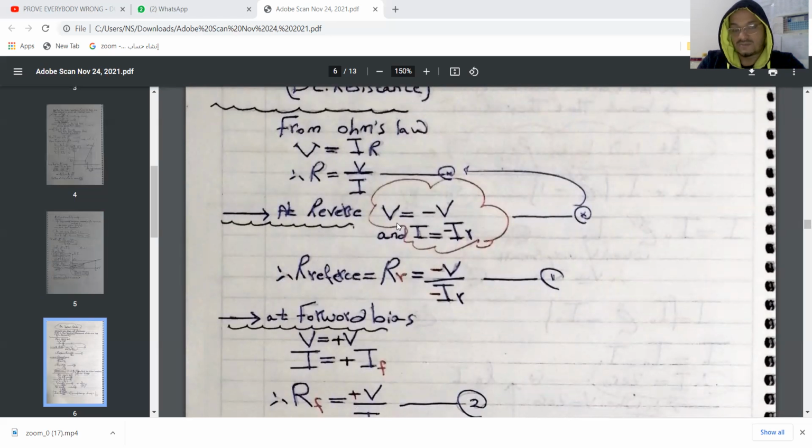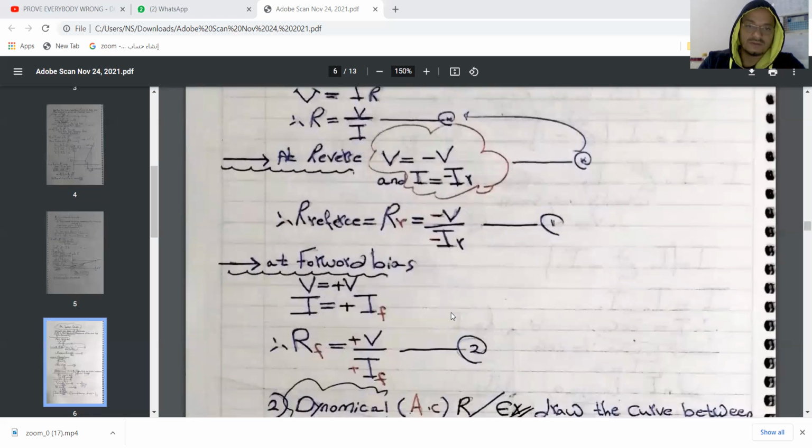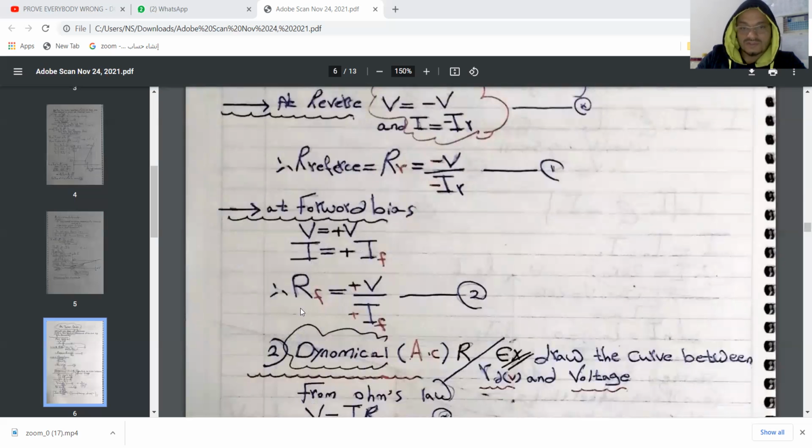Here at reverse bias, V equals minus V and I equals minus IR. That means IR is the reverse current, and reverse resistance equals minus V divided by minus IR. But here at forward bias, the situation is different because V is a positive amount and I is the positive forward current. Forward resistance equals V divided by IF.